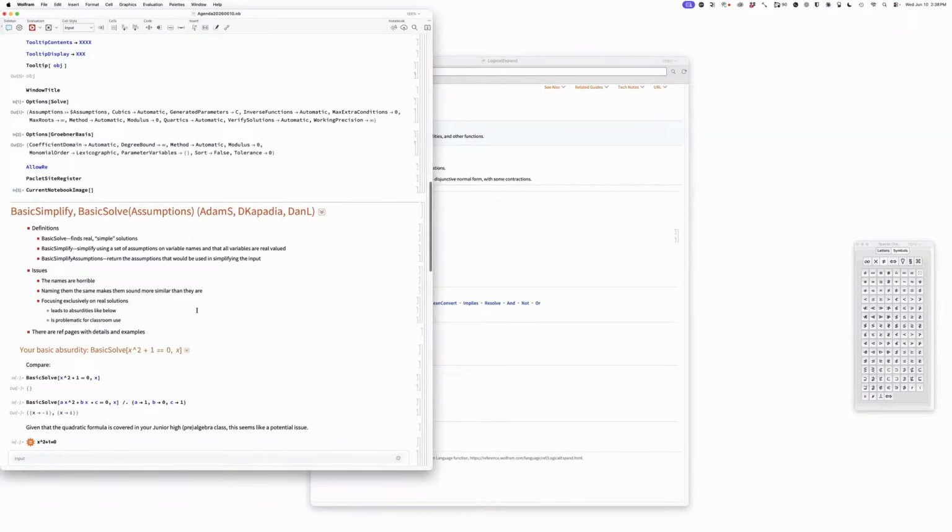Right. So BasicSolve, as it's currently implemented, looks for real, quote unquote, simple solutions. BasicSimplify is simplify using a set of assumptions on variable names and that all variables are real valued. What's the definition of, in quotes, simple? Well, there is no definition of simple solution.